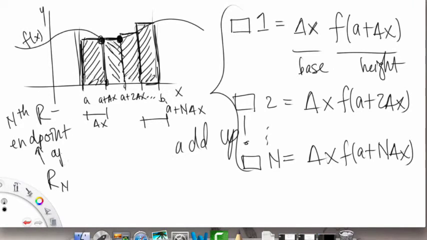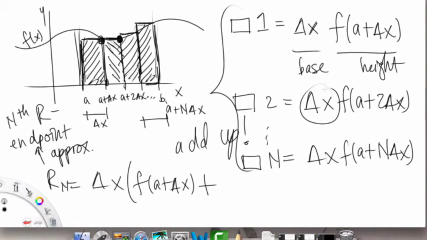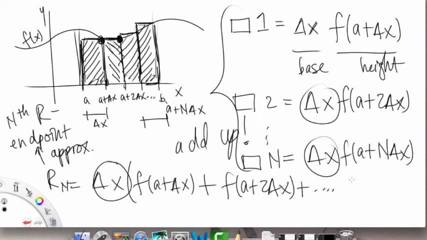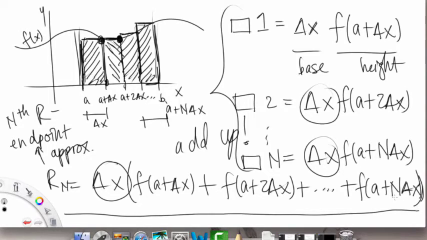This is equal to delta x times f of a plus delta x, and then I'm going to factor out the delta x from all of them, since it represents all of them, and add everything else: f of a plus 2 delta x, f of a plus 3 delta x, and so on, until we get to f of a plus n times delta x, and then close the parentheses at the end. So this is our nth right endpoint approximation.